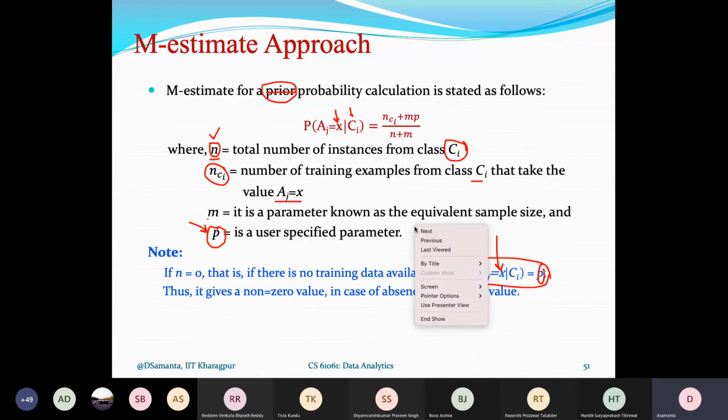So this way, we can get rid of the second limitation. Only here the problem is how judiciously you can take this value P. Otherwise, you can live happily with your training data even if it is not balanced. So this is the idea of the Bayesian classification technique altogether.